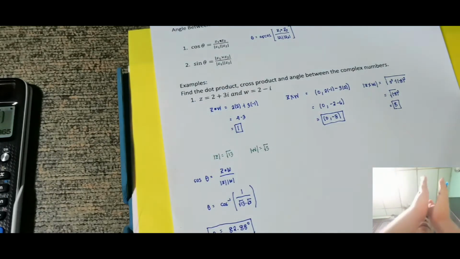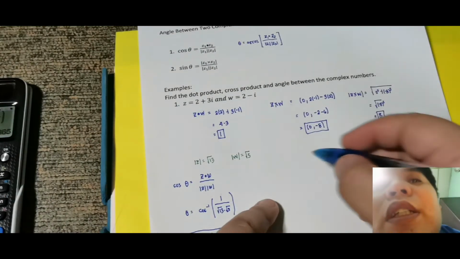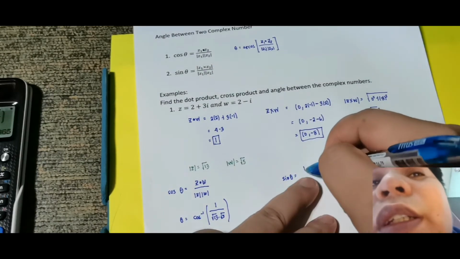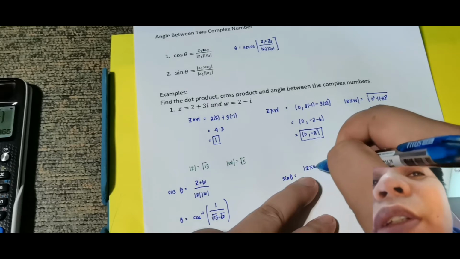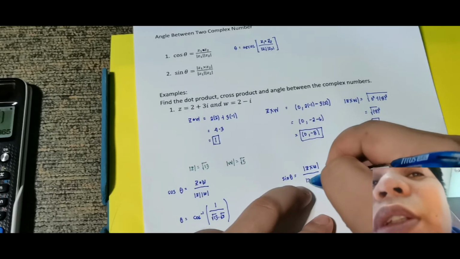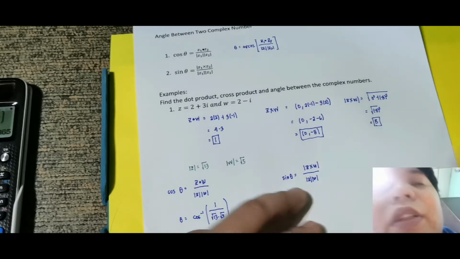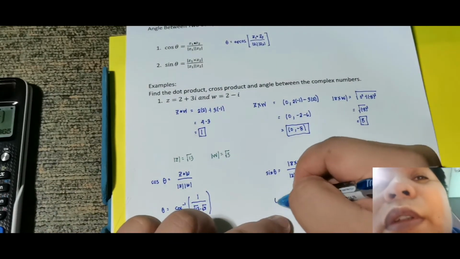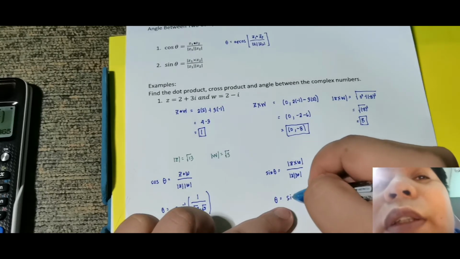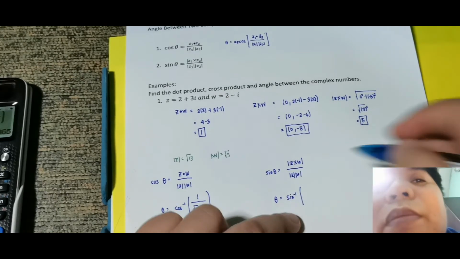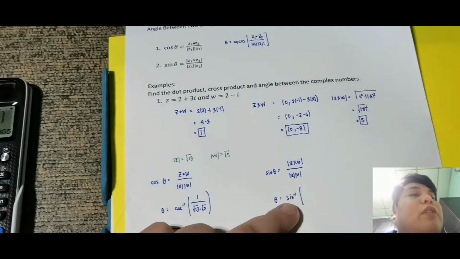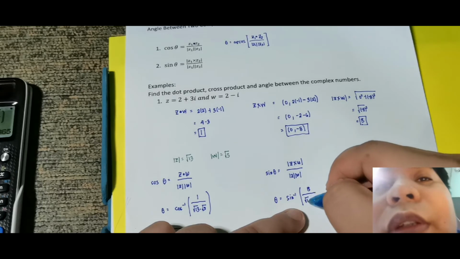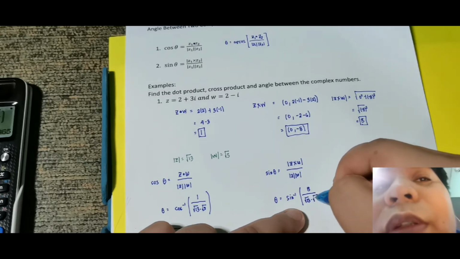Imagine mo, layo ng almost 90 degrees. So check natin sa sine. Sine theta is modulus ng Z cross W all over modulus ng Z times modulus ng W. So this is arc sine ng 8 over square root of 13 times square root of 5.